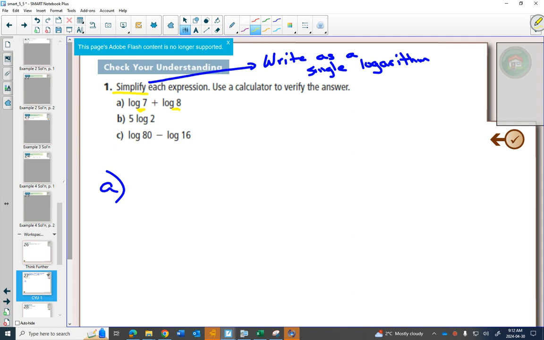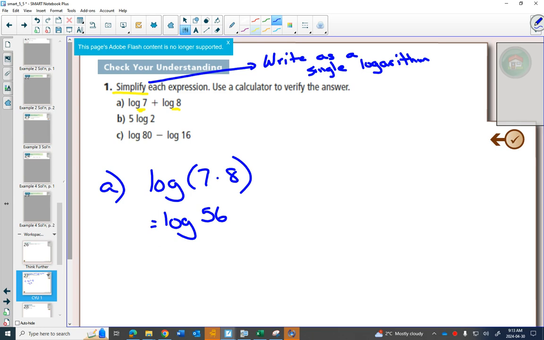And since the bases are the same, and this is important for log laws, all of your log laws on the right-hand side, if you're adding, subtracting, or multiplying, they all have the same base. So I'm allowed to write this as the left-hand side: log of 7 times 8, which is equal to log of 56.